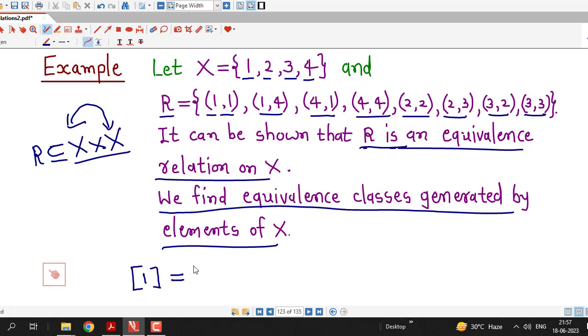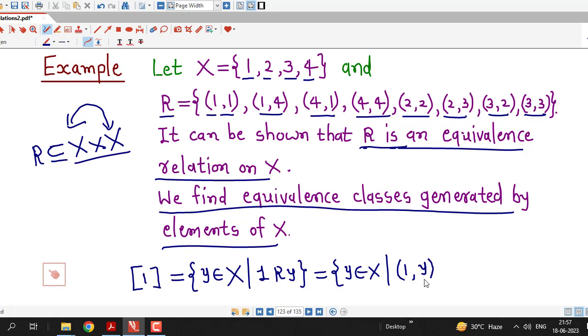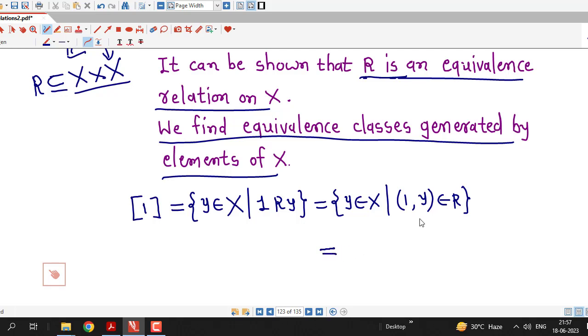Now by definition of equivalence class, I have to write down all those members of a given set X which are related to this 1, that is 1 is related to y, or I have to write down all those elements of set X such that ordered pair (1, y) belongs to R. Now I have to concentrate on those ordered pairs whose first component is 1 in the given relation and their second component will be member of this equivalence class. y belongs to X such that ordered pair (1, y) belongs to R.